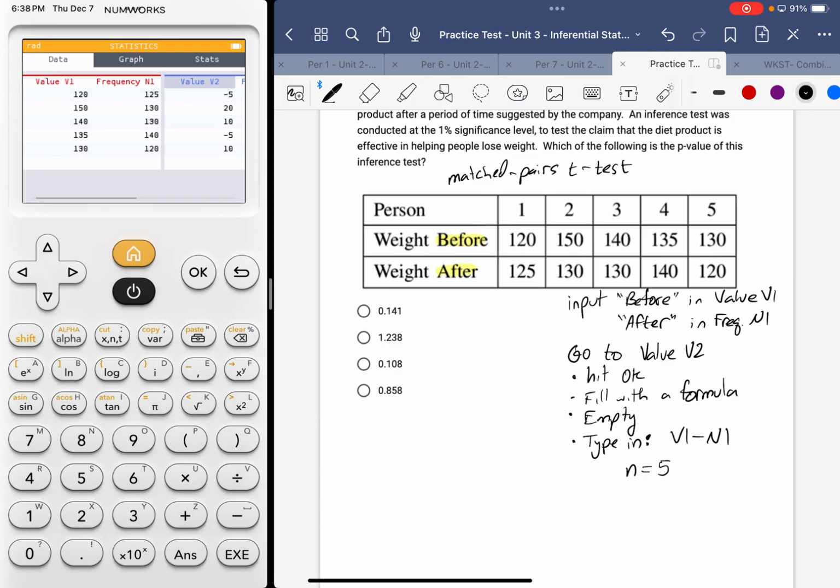All right. So, and you can even see the person 1, 2, 3, 4, 5. So there's 5 values. I need the X bar value. We call that X bar with a subscript of D, and S with a subscript of D. D stands for difference.